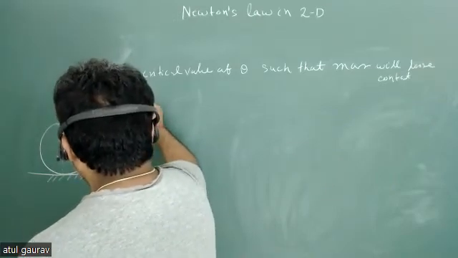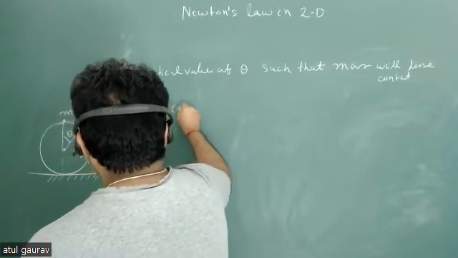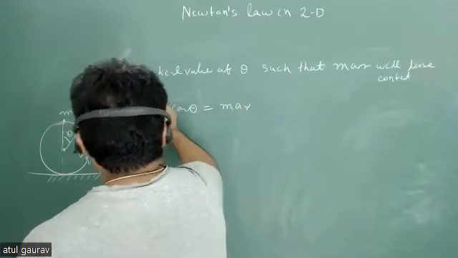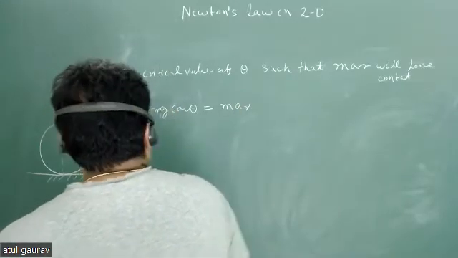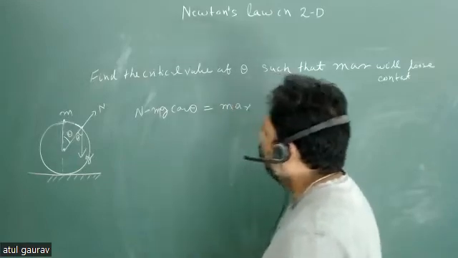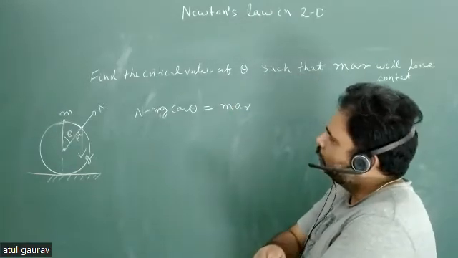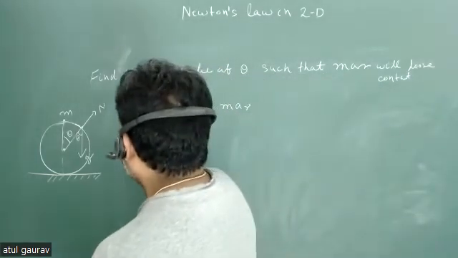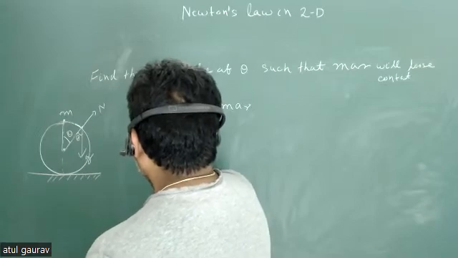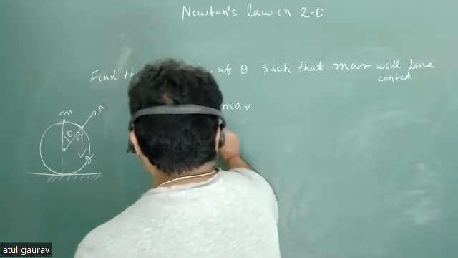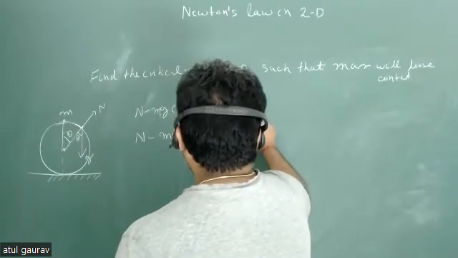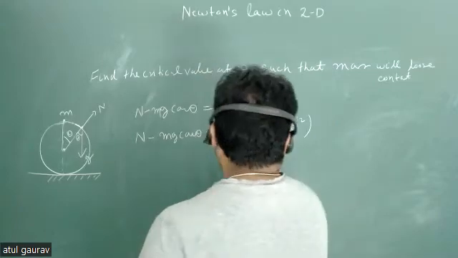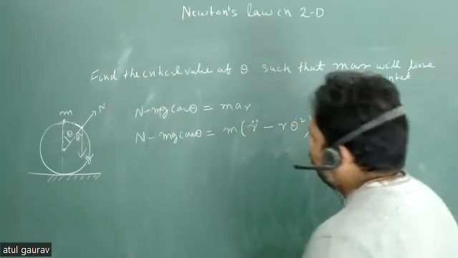So you can write N minus mg cos theta is equal to m a_r. Correct or wrong? Yes, sir. And what is your a_r? N minus mg cos theta is equal to m times (r double dot minus r theta dot square), isn't it?